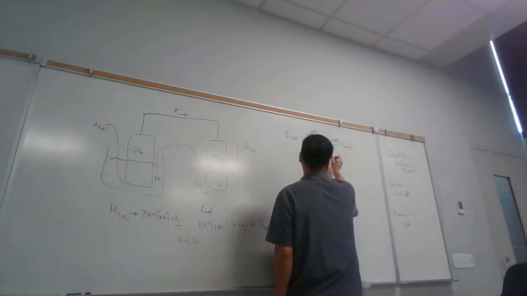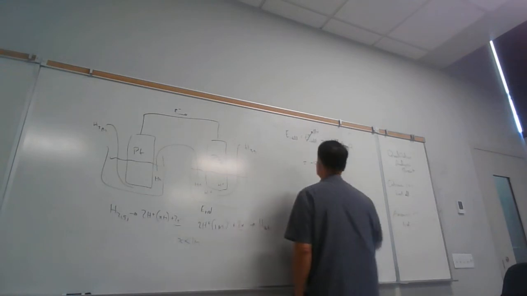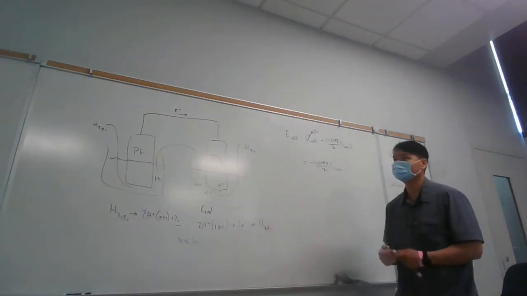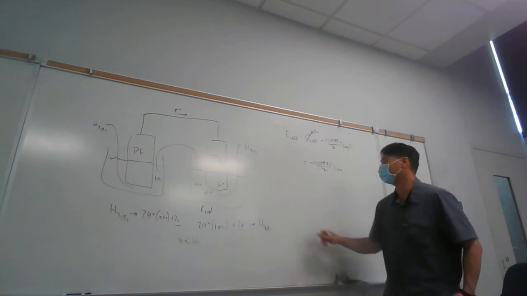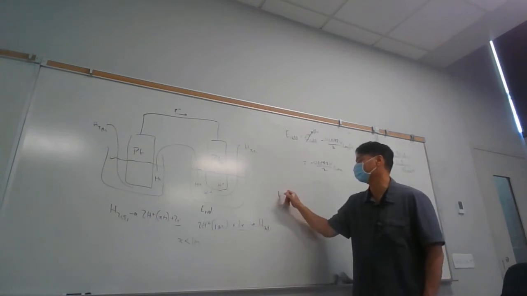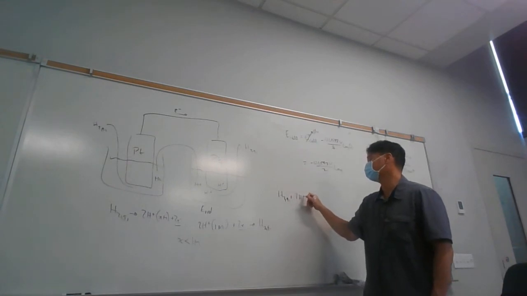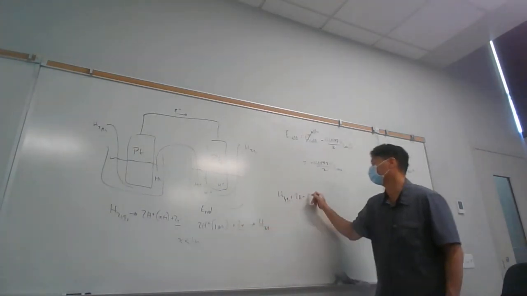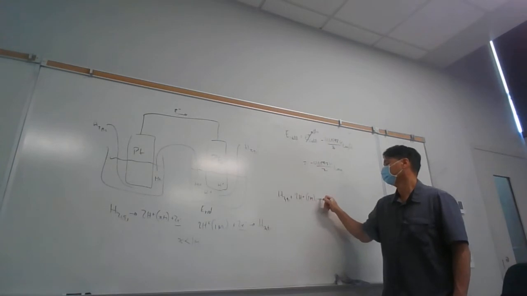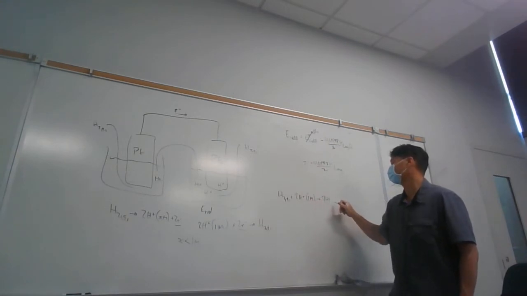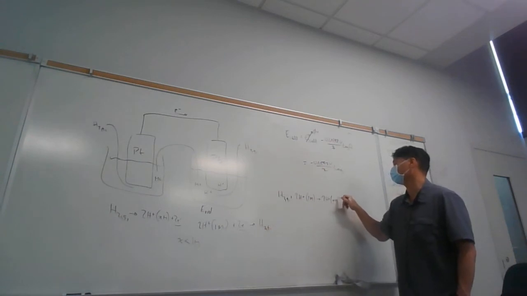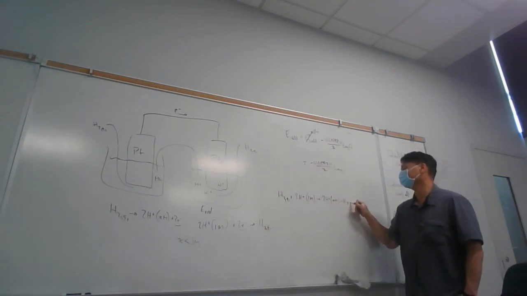And so this is going to equal minus 0.0592 volts over 2 log of Q. Q is going to be the product over the reactant in the net reaction. So let's take a look at the net reaction. The net reaction is going to be H2 gas plus 2H plus, which will be 1 molar here, going to produce 2H plus at X molar plus H2 gas.